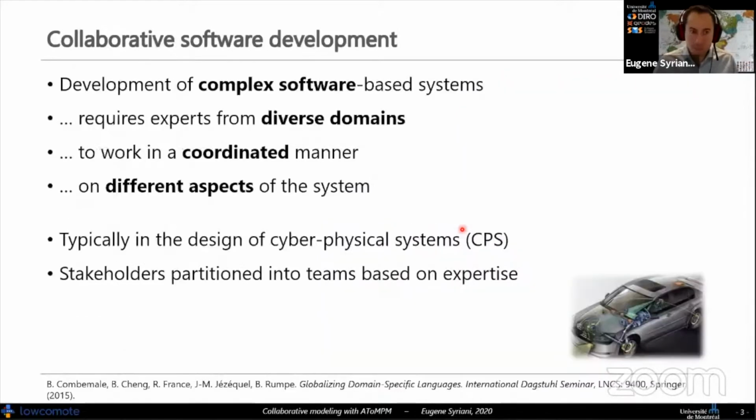So collaborative software development usually requires different expertise from different domains. Think of energy efficient building management, where you need different domains, from architecture, material science, environmental science, software engineering, urban planning.